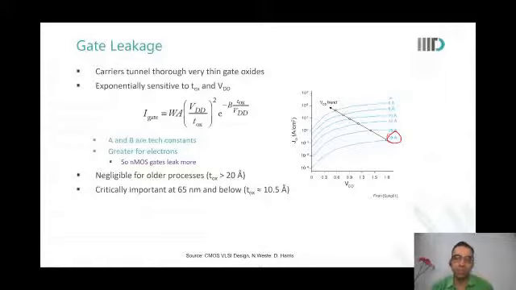See, subthreshold leakage, we already observed, is dependent on temperature. So at room temperature, gate leakage becomes a very significant component. And therefore, we see that in advanced technologies, gate leakage is something that we are worried about.